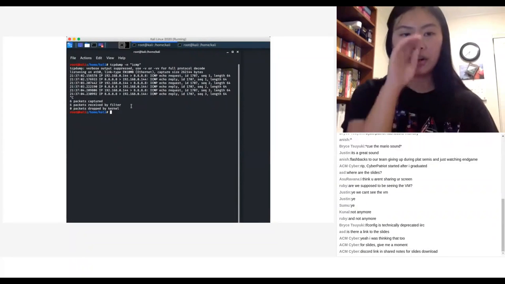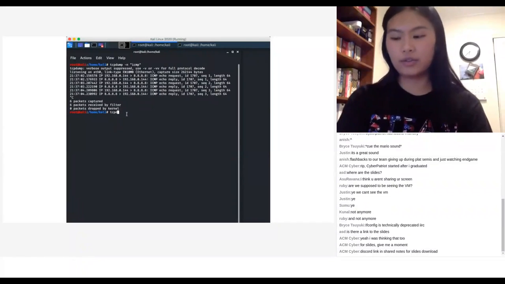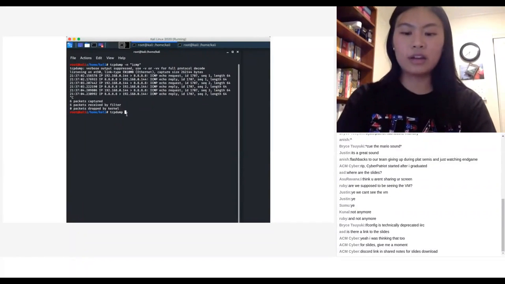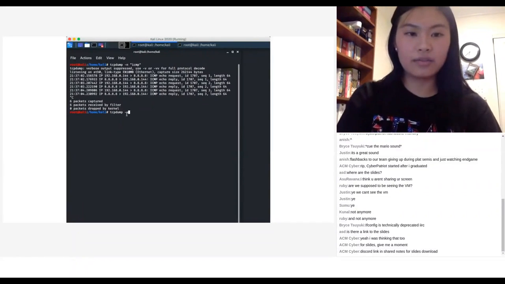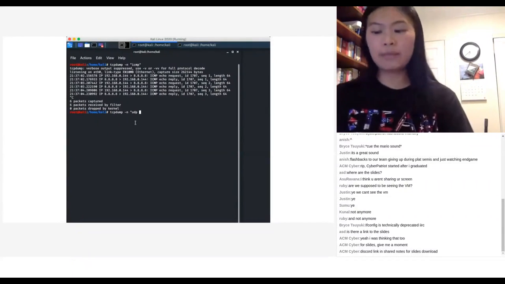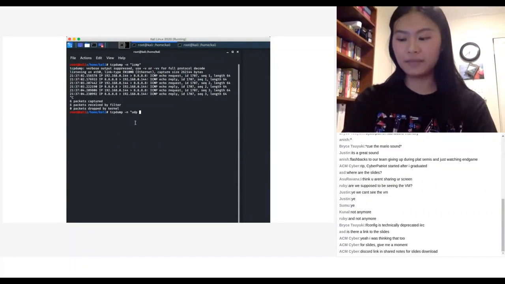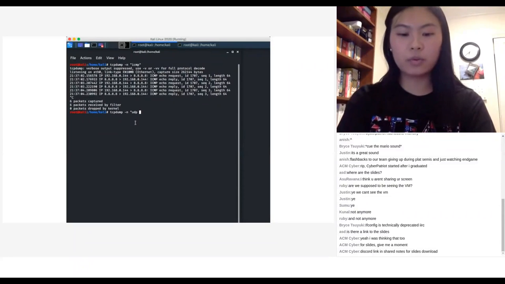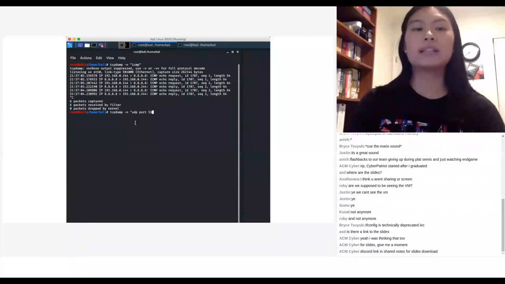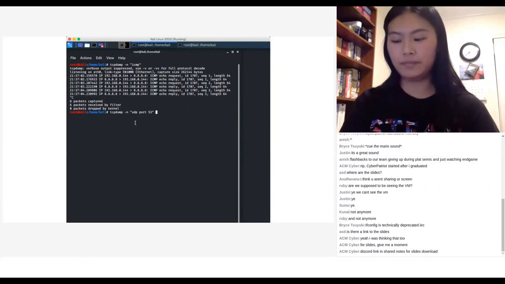There are other filters that you could use with tcpdump. There are actually a lot of filters you could use or look up. Another one would be -n and then udp, which is User Datagram Protocol, the connectionless version of TCP. And then port 53, because I want to isolate port 53, the common DNS port.